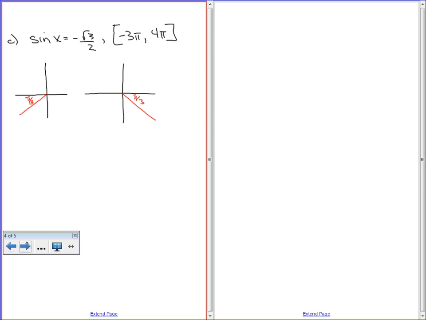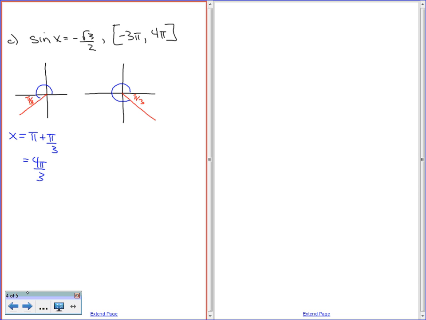Figure out my answers in standard position. That blue angle there, this blue angle there, and those are my two primary roots. So my first one will be π plus π over 3, which is 4π over 3. And my second primary root, how would I get my second one?